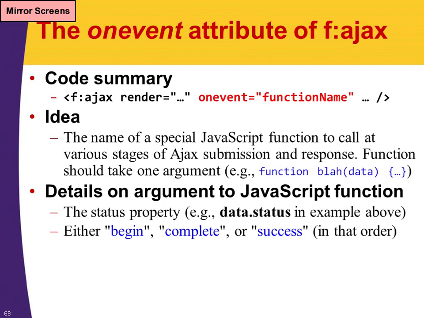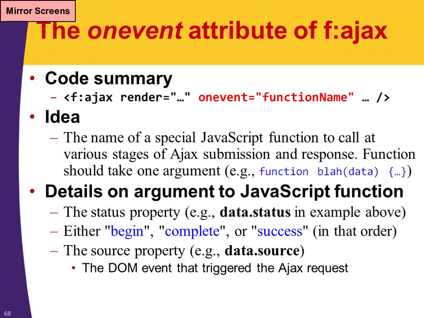Okay? Those are hard-coded terms that you look for. The source property would be the .source. That's the event that triggered this Ajax request, and then you'd actually have access to the response codes, etc., and any XML that comes back too.